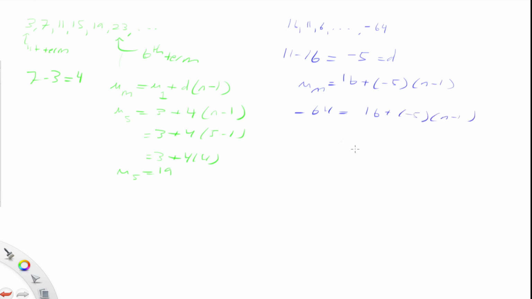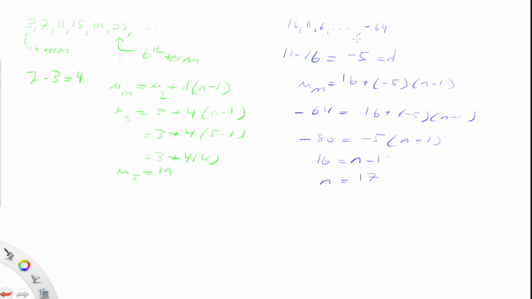So we can subtract 16 from both sides, and we get negative 80, right? And then we can divide both sides by negative 5. So we can take away the negative signs, and we get 80 divided by 5, which is 16, and so n is equal to 16 plus 1, which is 17, right?